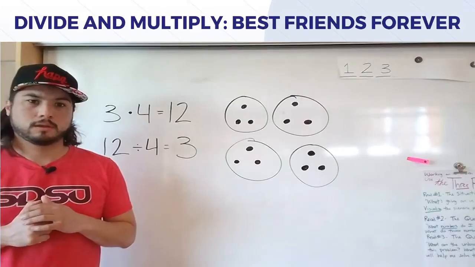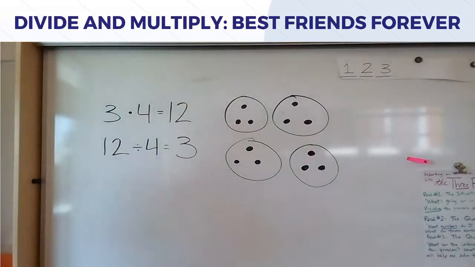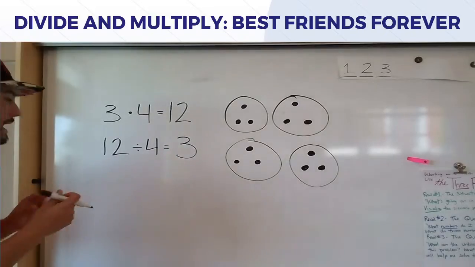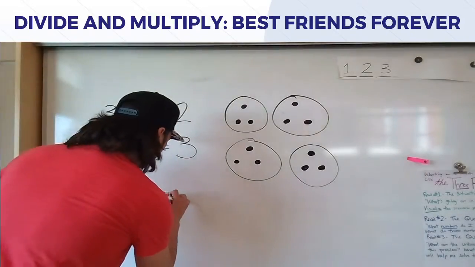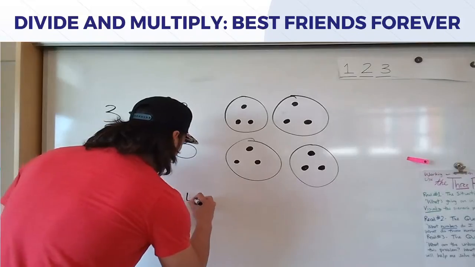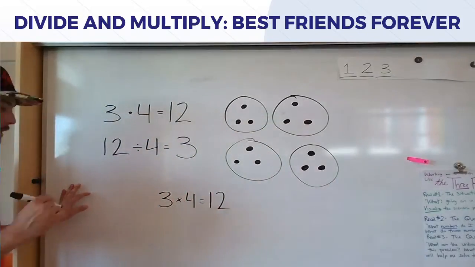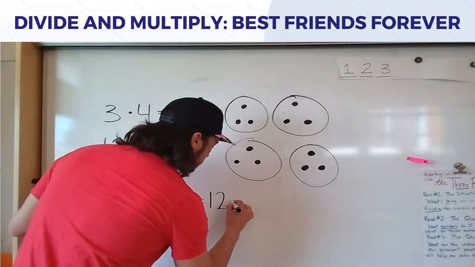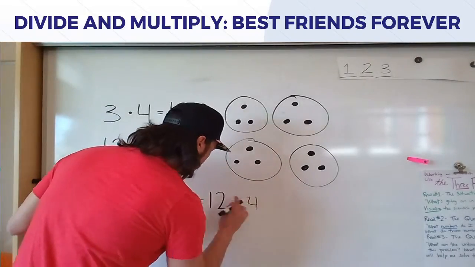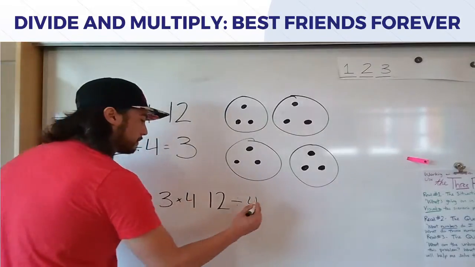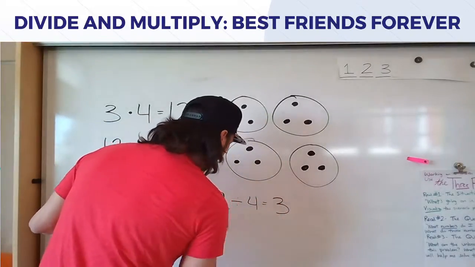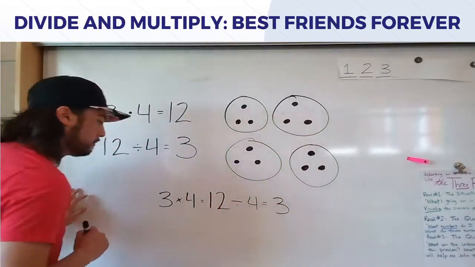Okay? If we put that together, we can kind of see the inverse nature, right? If we start at 3, we multiply it by 4, we end up with 12, right? Then we take that 12, divide it by 4, and we're back at 3, right?